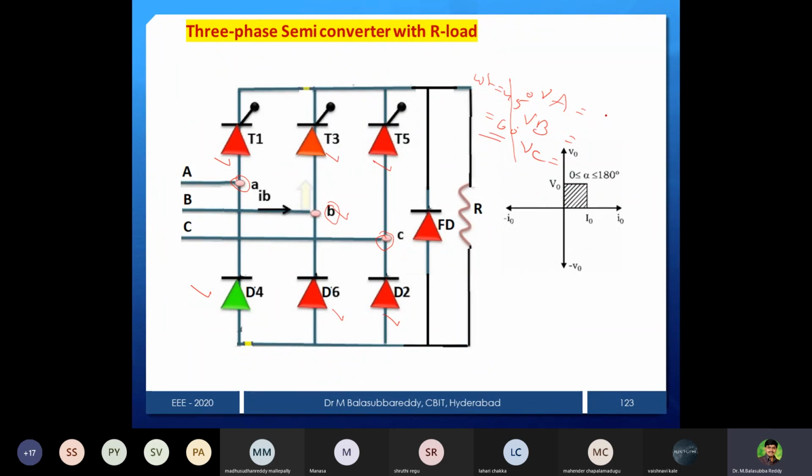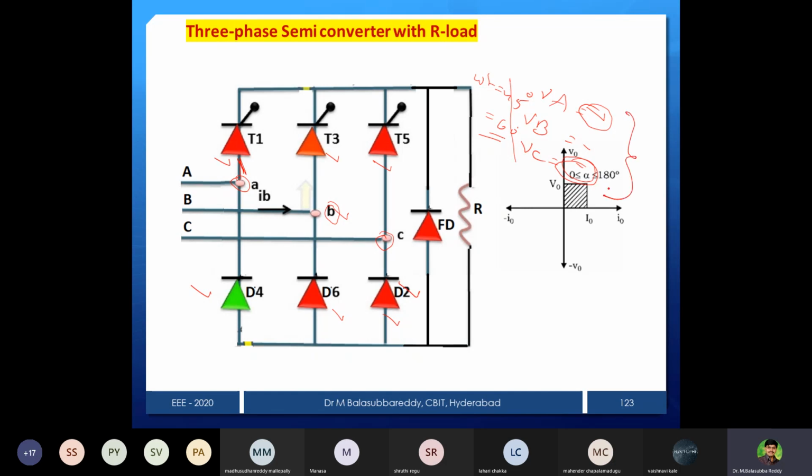If the A phase voltage is more positive than B and C, what will happen? The A phase positive device, T1, will be forward biased. Suppose at the same instant some other phase is negative, let us assume the C phase is more negative. Then D2 will be forward biased.